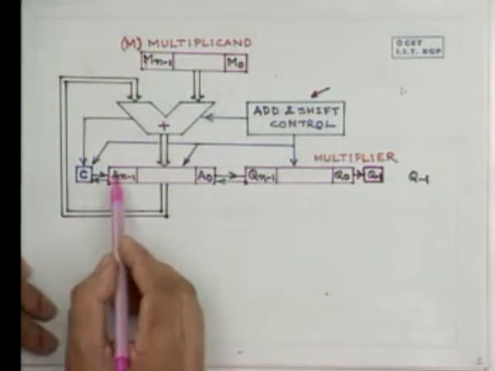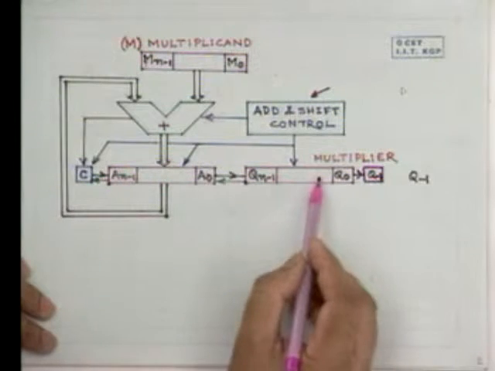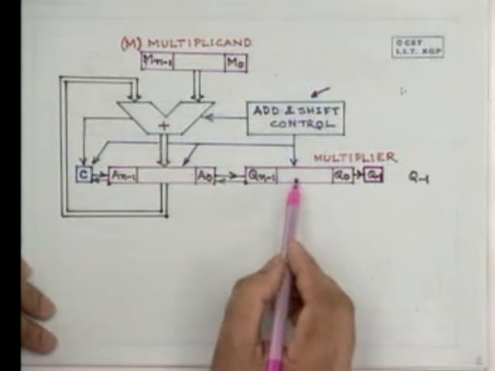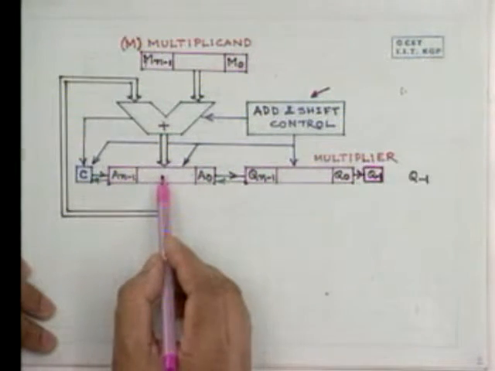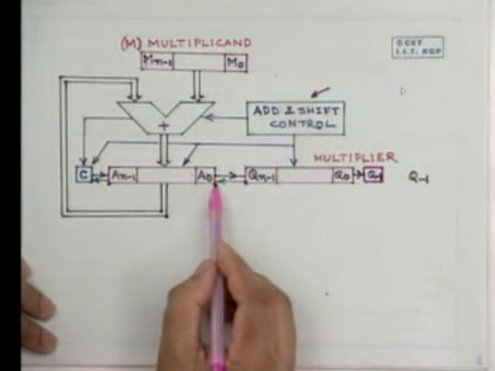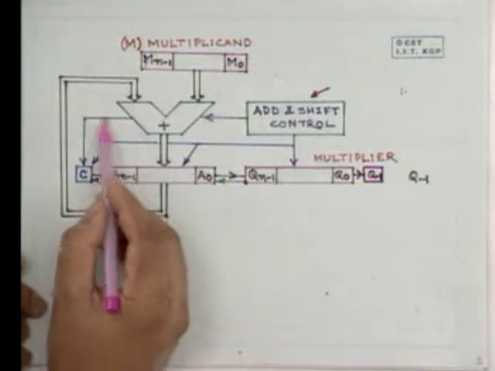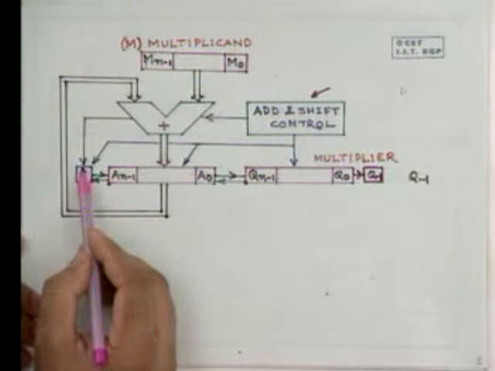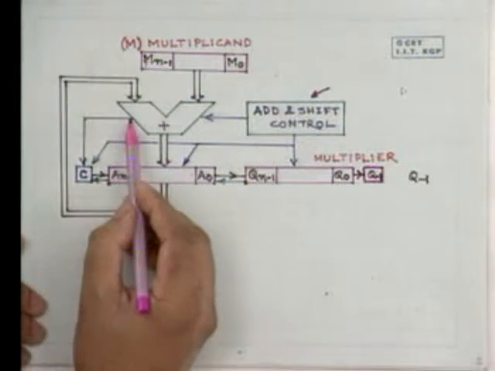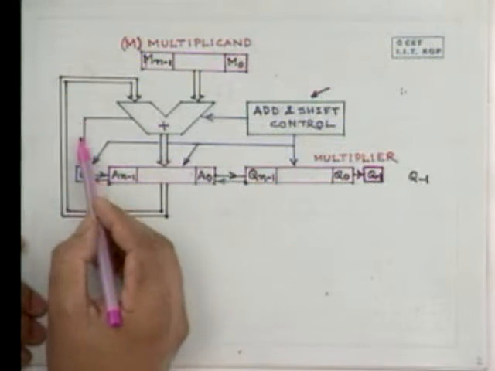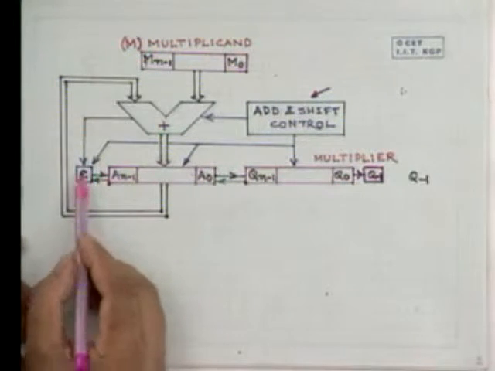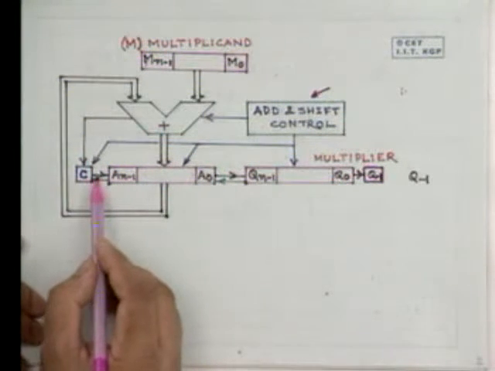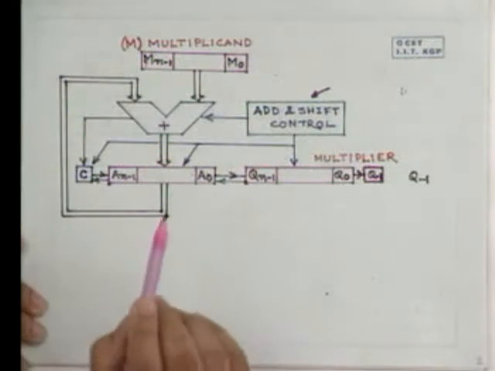That means the entire A register and Q register can be shifted one bit to the right, or one bit to the left. Whatever carry is generated out of the most significant bit of the numbers can come over here, and if needed, that carry can enter into the A register.